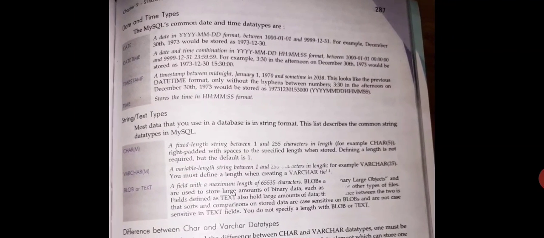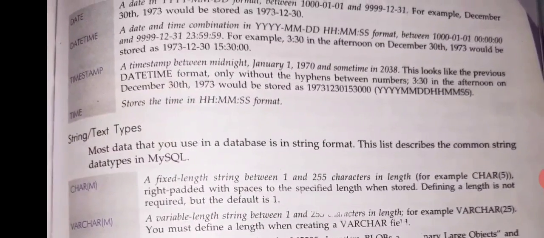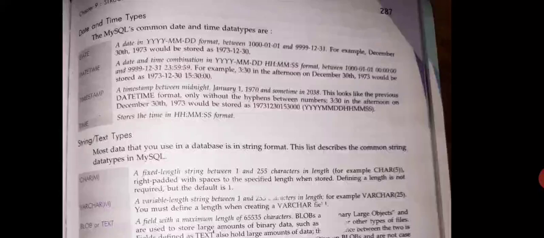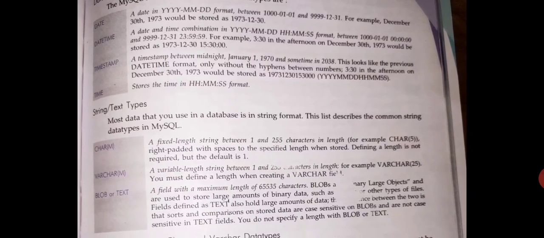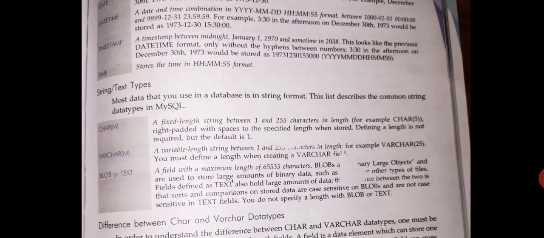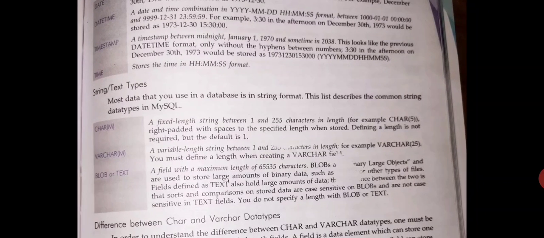The common MySQL date and time data types are date, datetime, timestamp, and time. You just need to remember these terms for the different data types. Now next, more important, are the string or text types: char, varchar, blob, or text.